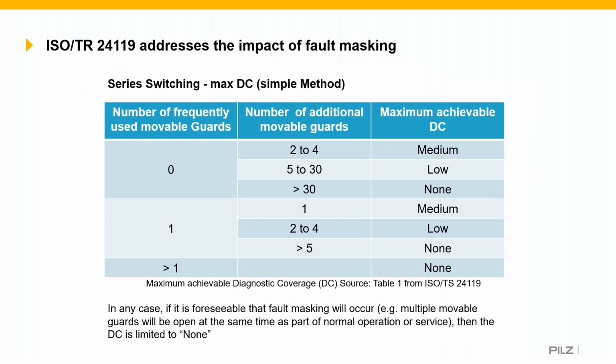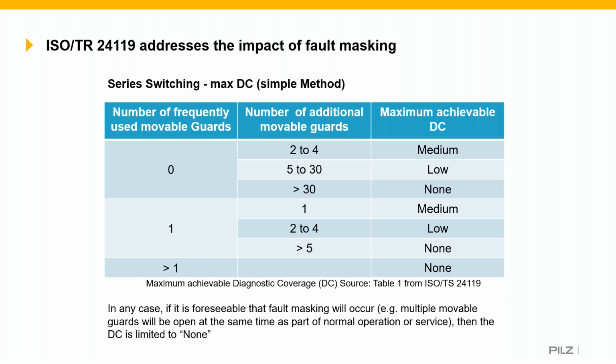So TR 4119, which was mentioned earlier, uses a simple method to look at maximum diagnostics coverage. It's made up of 3 columns: the number of frequently used movable guards, the number of additional movable guards, and the maximum achievable diagnostics coverage.